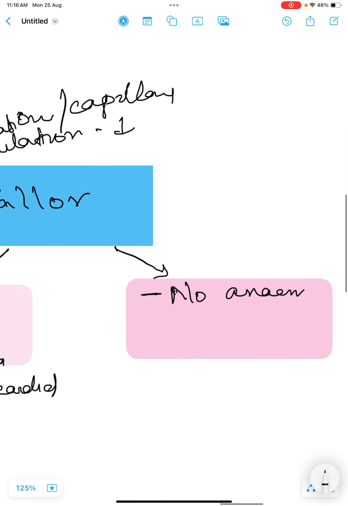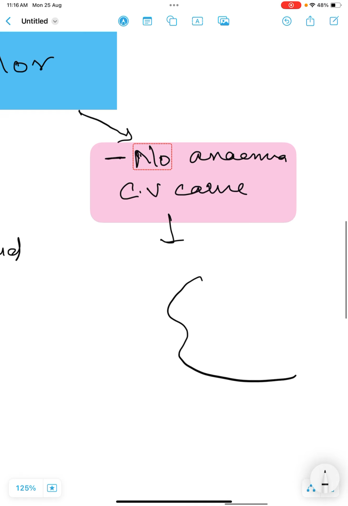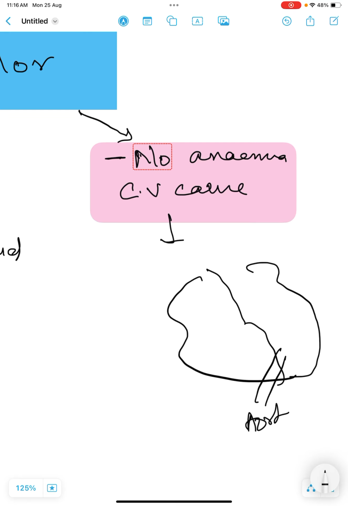This is mostly related to cardiovascular causes. So what is it? This is our heart, aorta. So there may be problem with the left side of the heart.